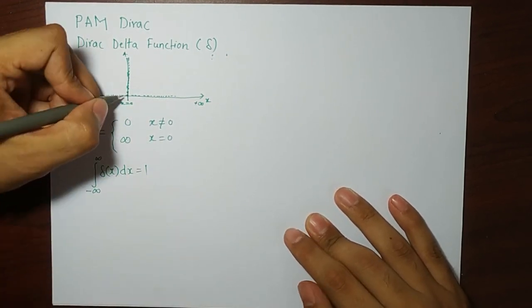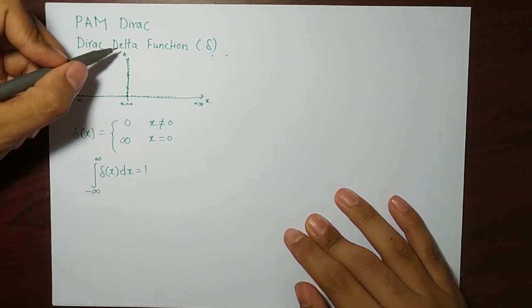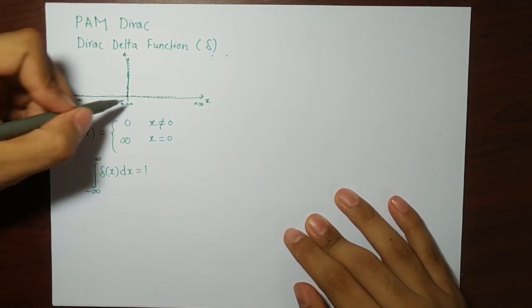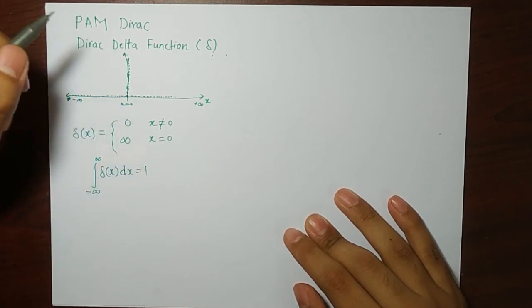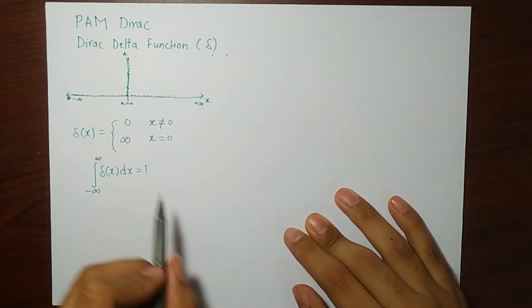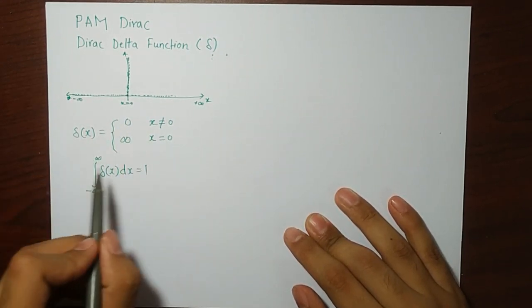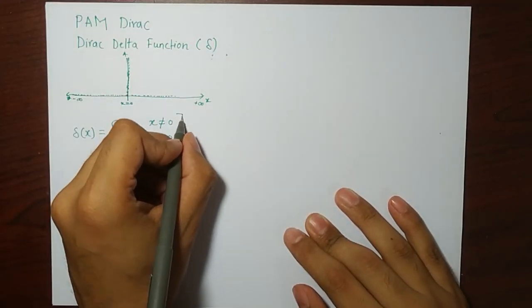So even though this value goes to infinity, the area under this peak is only 1. So the definition of the Dirac delta function includes not only the first condition but also this one.